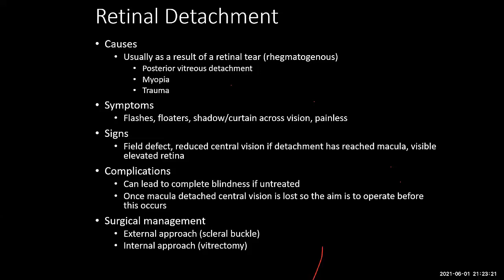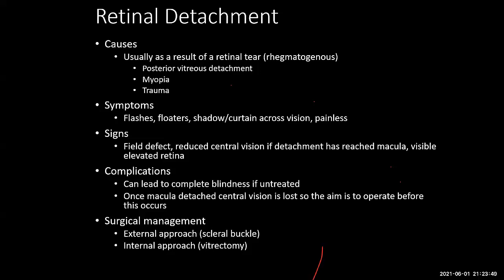Surgical management, there are two approaches: external buckling procedure and then internal approach, doing vitrectomy. Vitrectomy, that's removal of the vitreous, and then sealing of tears with laser or cryotherapy. All those are very technical details, but please do not miss retinal detachments.